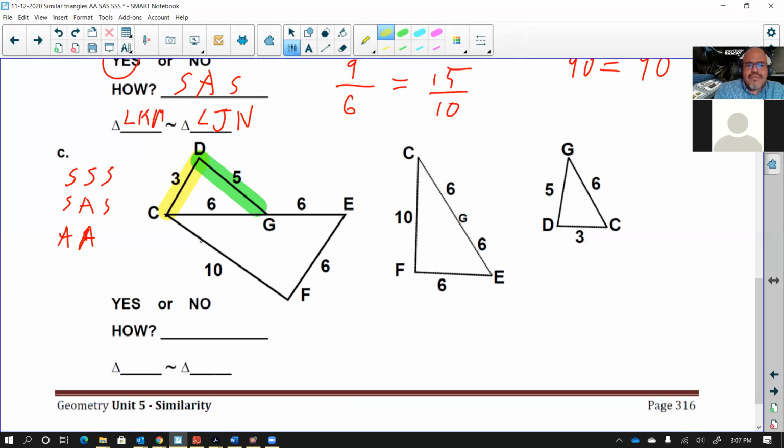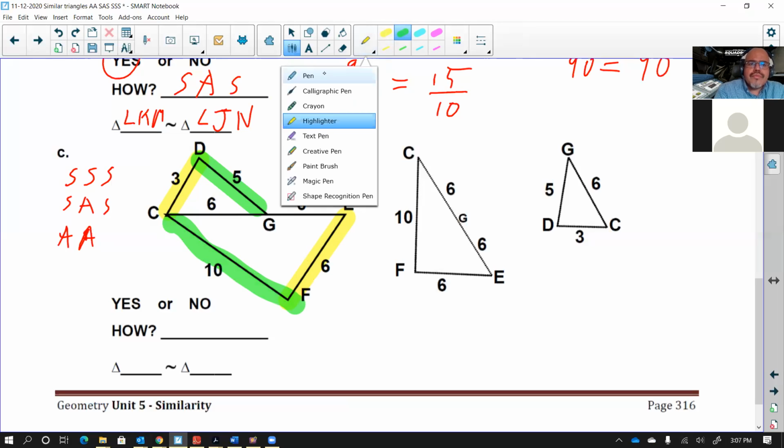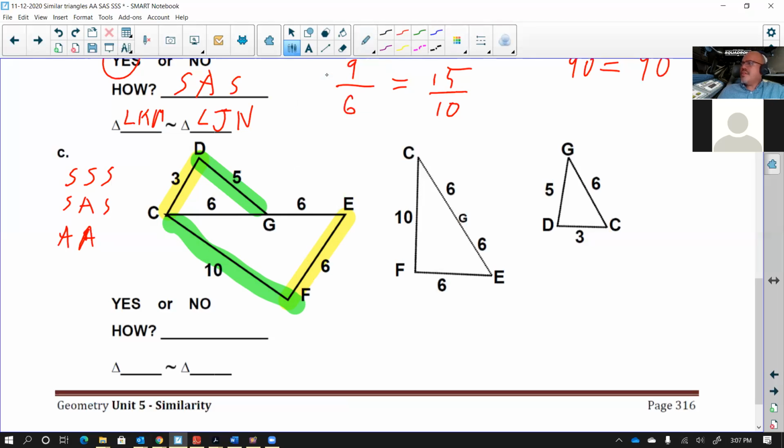Right here, we have this side, which is the smallest side on the larger triangle, and this side's the next largest. We're going to see if they are similar. Sometimes when you put together the pictures, they're going to be alike.